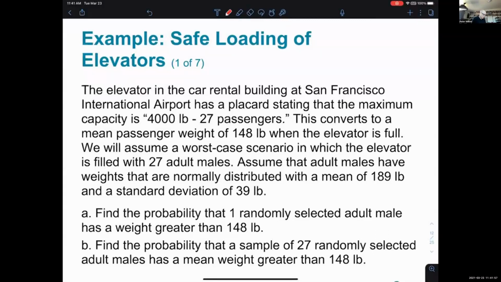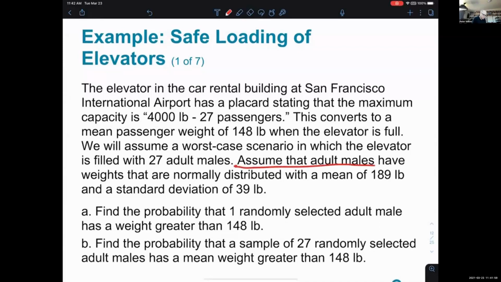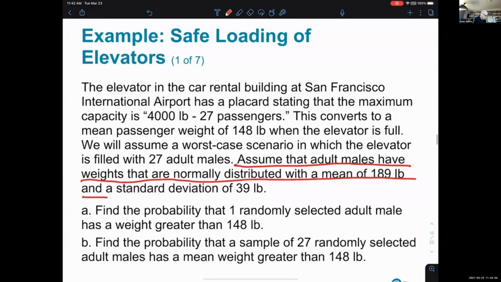All right, so they tell us that we can assume that adult males have weights that are normally distributed with a mean of 189 and a standard deviation of 39. So this is mu, and this is sigma. In part A, we're supposed to find the probability that if you just pick one adult male from the population, their weight will be greater than 148.